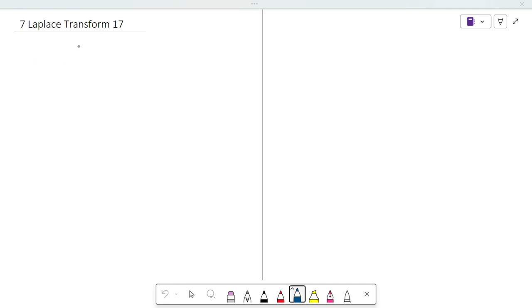So we know that the Laplace transform is related to the continuous time signal. So this x of t is a continuous time signal.